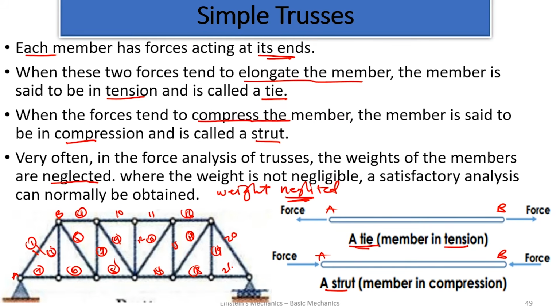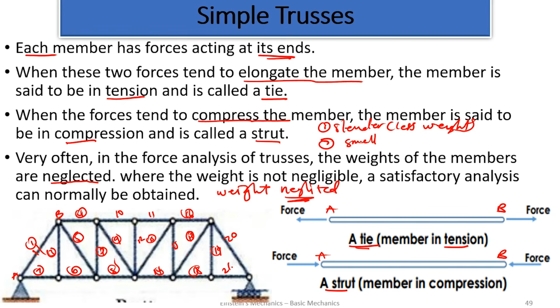And remember, we also said the members are slender, they are light weighted, so the weight can be negligible. Very good. These are the two reasons. The reason why we neglect the weight is that one, they are slender, meaning what? Less weight.